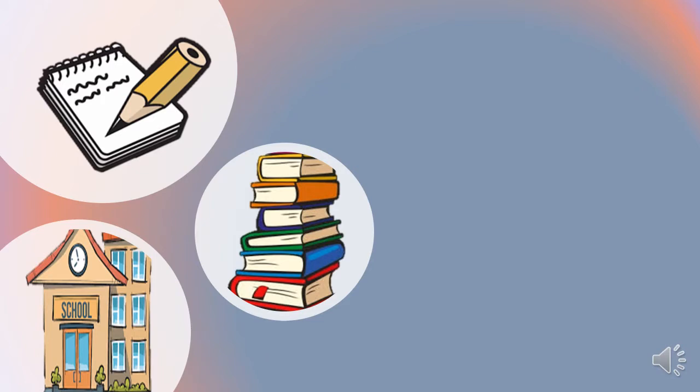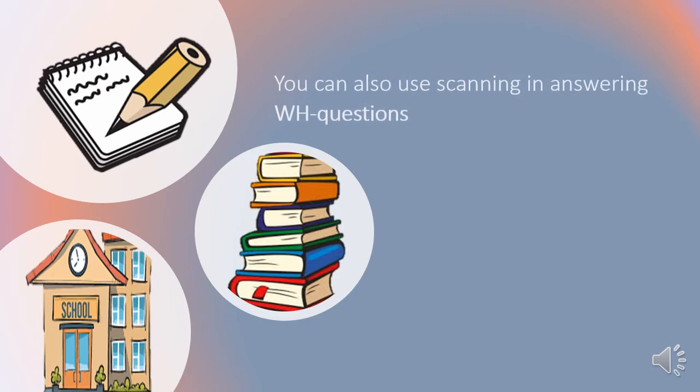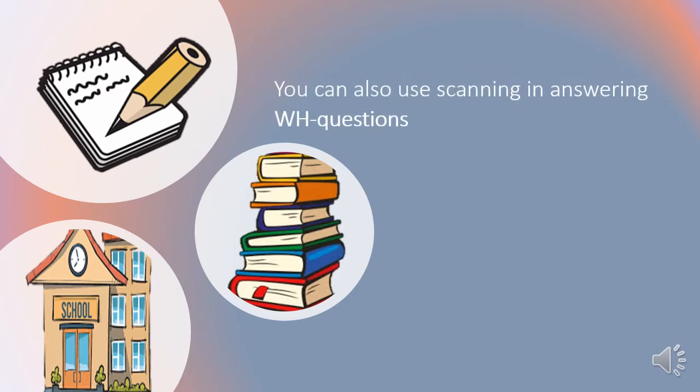You can also use scanning in answering WH questions. What are these WH questions? WH questions are interrogative sentences that may start with the word what, when, where, who, or how.